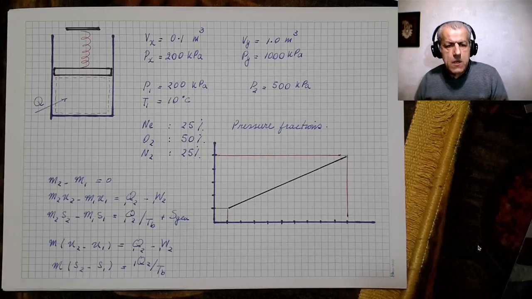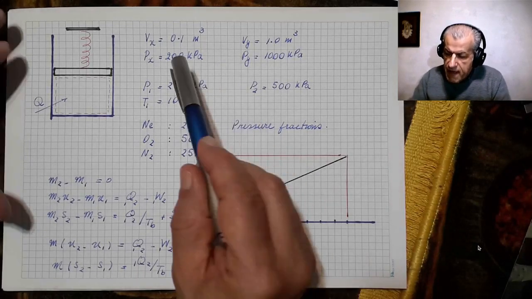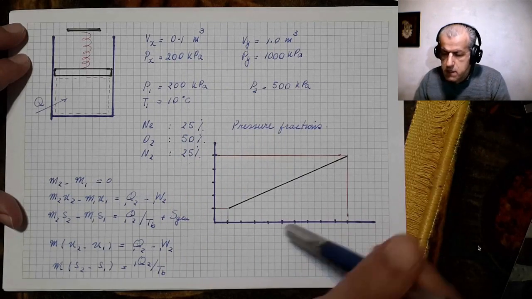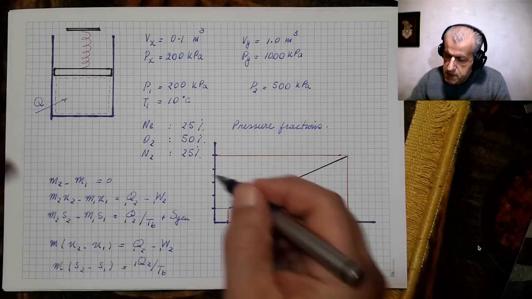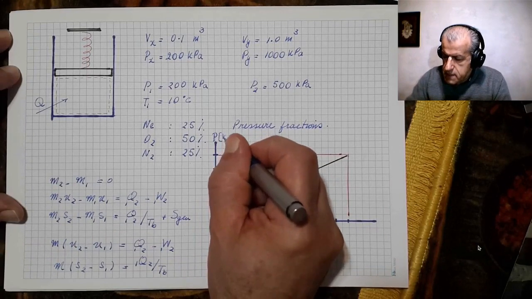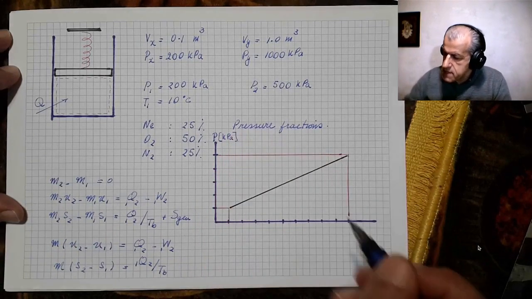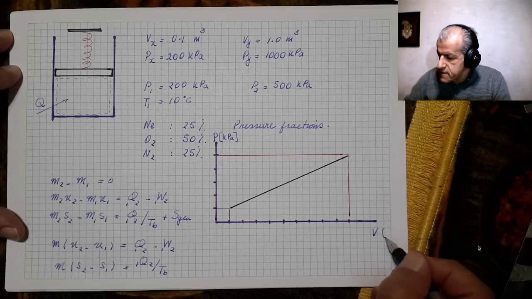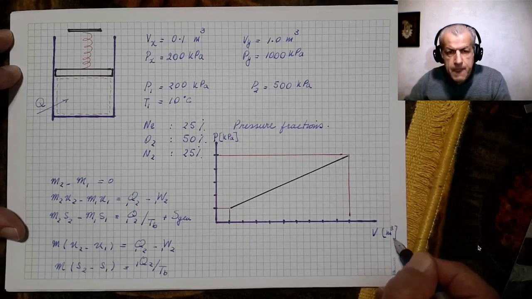Well, I've just tried to draw the values for our spring action on a PV diagram. This is P in kilopascals, and this is V in cubic meters.